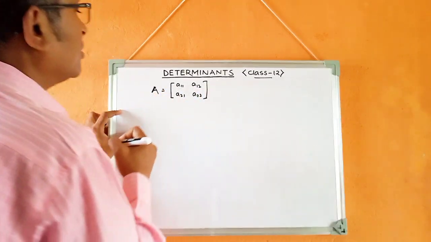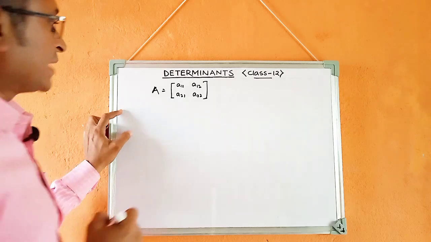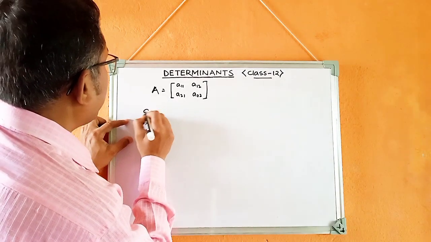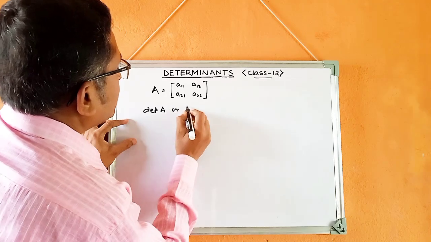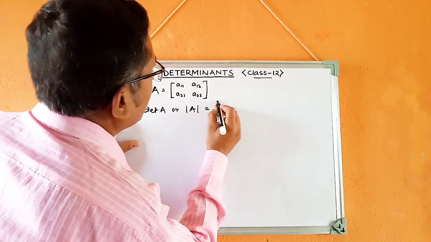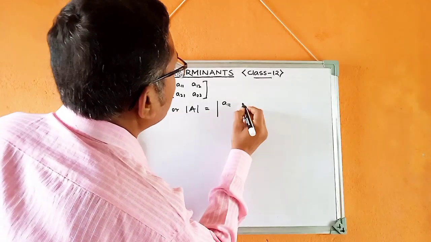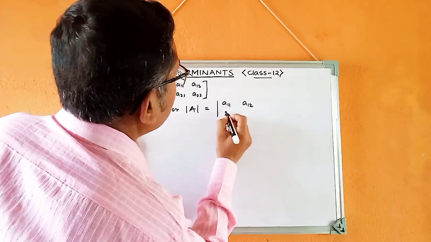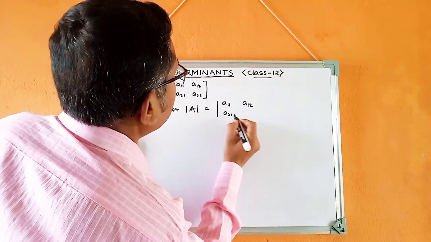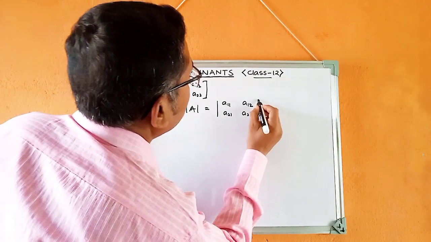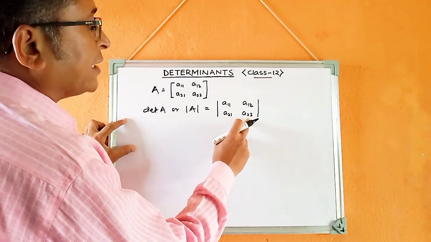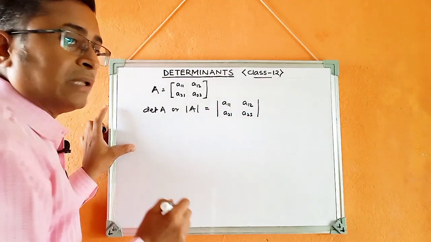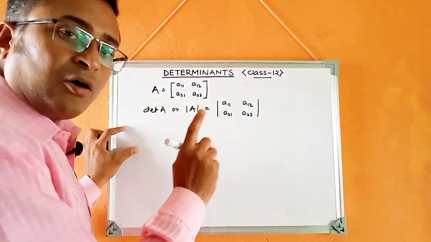So the determinant of matrix A we write as determinant A, or determinant A is equal to determinant A11, A12, A21, A22. Okay, so A11, A12, A21, A22 all are called the elements of that determinant.